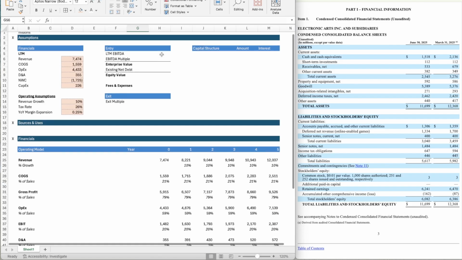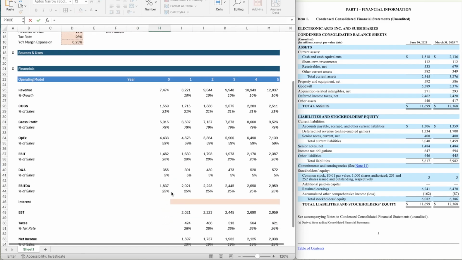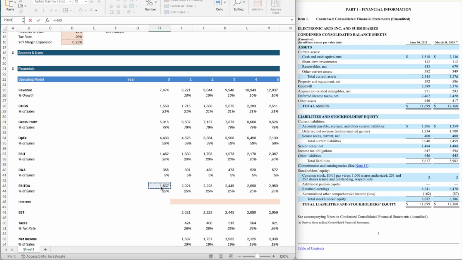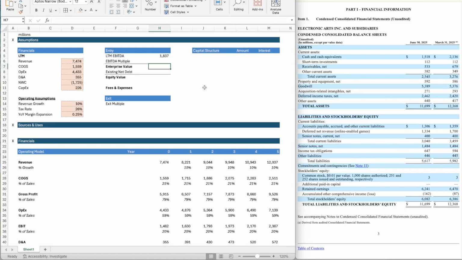Let's do some housekeeping up here. So we know last 12 months EBITDA is 1837. So put this equal to that. We know the takeover price is going to be 55 billion.